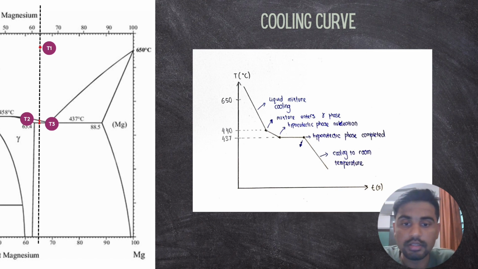Then it enters T3, at 437 degrees, just slightly different, where hypoeutectic phase nucleation begins. And at T4, also on the same 437 degrees line, the hypoeutectic phase completes.